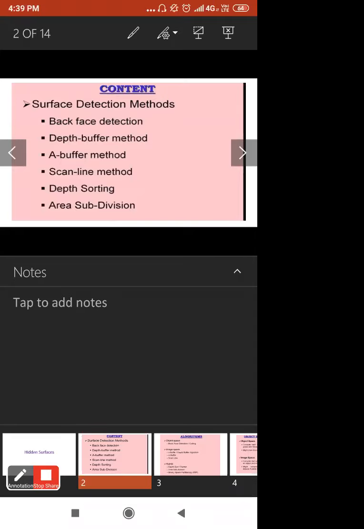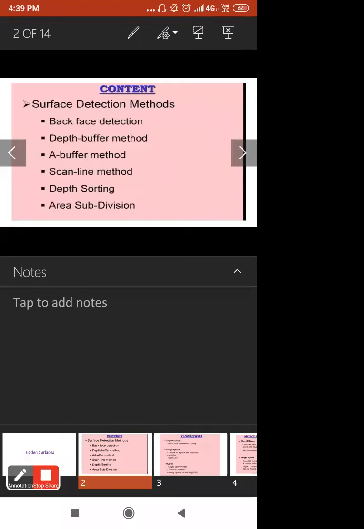We know that the z axis is what we take for depth. So the depth buffer method, the A buffer method, are somewhat similar. Then scanline method, depth sorting, area subdivision.